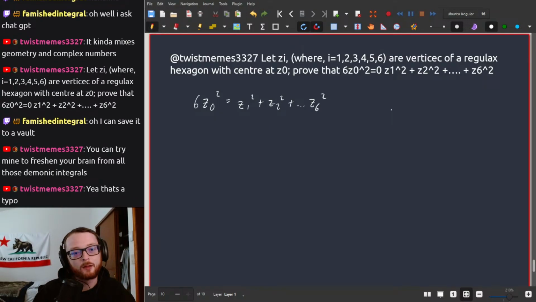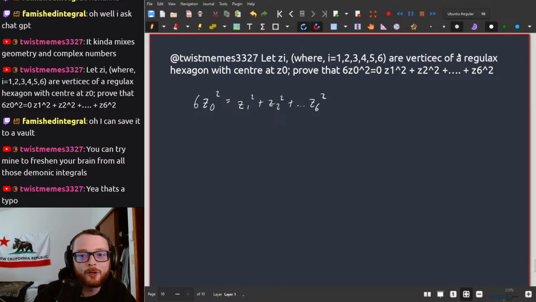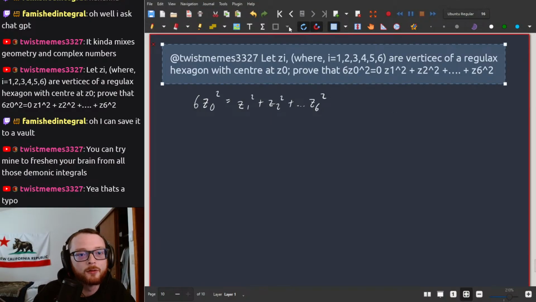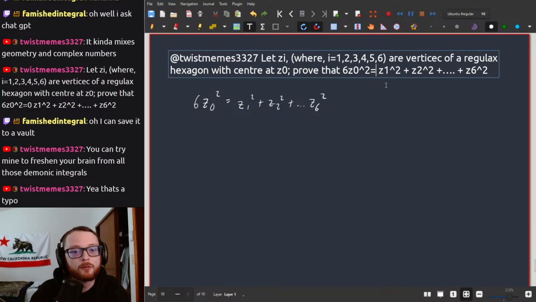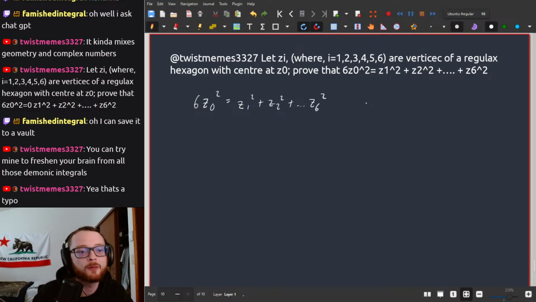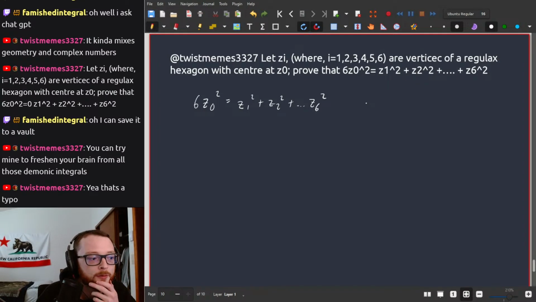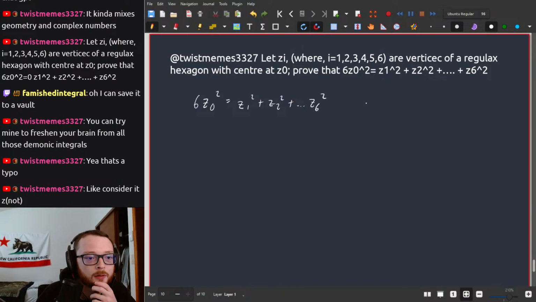Okay. I feel like we have a roots of unity question. Like this is roots of unity. Because we can make this hexagon centered anywhere we want. And so we can put it at the origin.